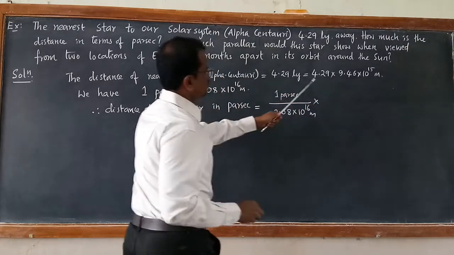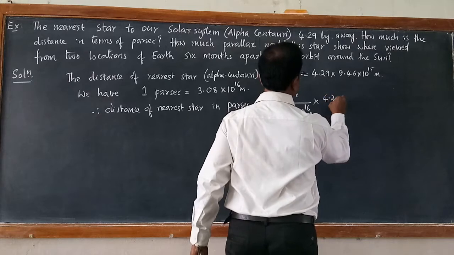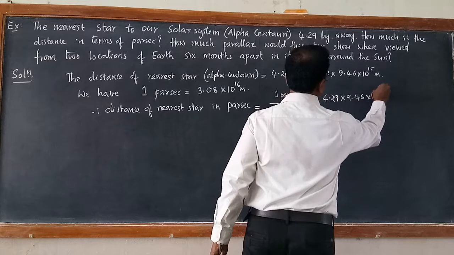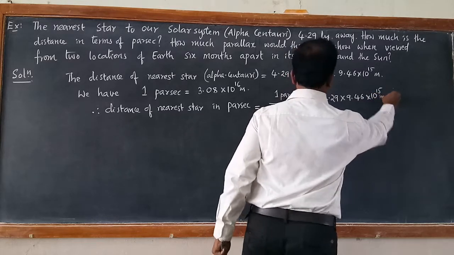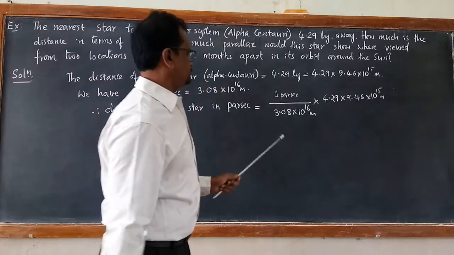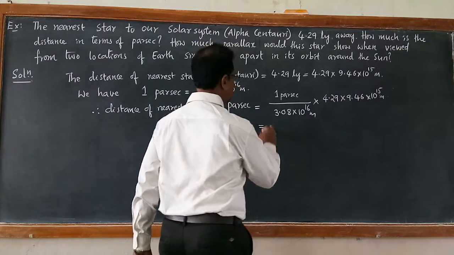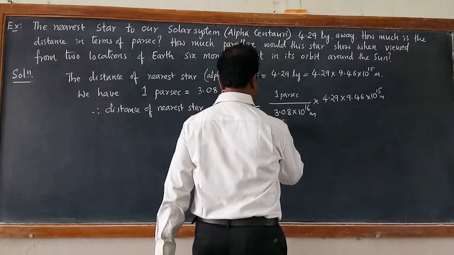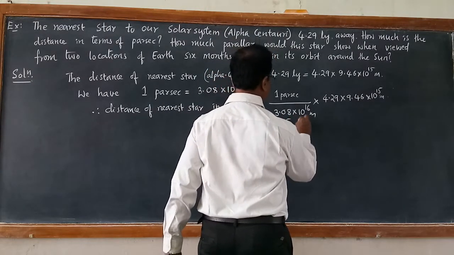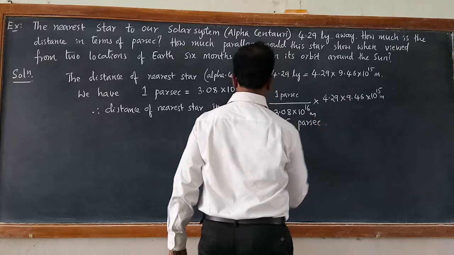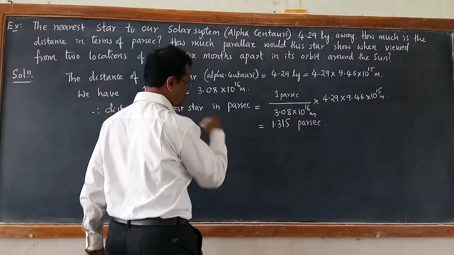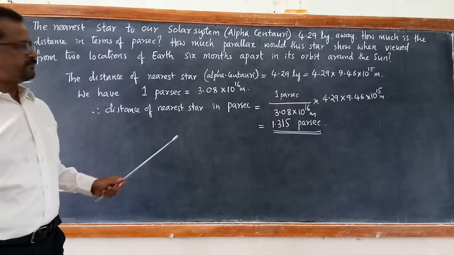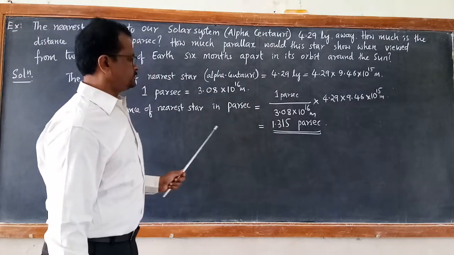Therefore, for this much, 4.29 into 9.46 into 10 to the power of 15 meter. So if you calculate this, it comes out to be a simple 1.315 parsec. That is the distance of Alpha Centauri from the solar system.